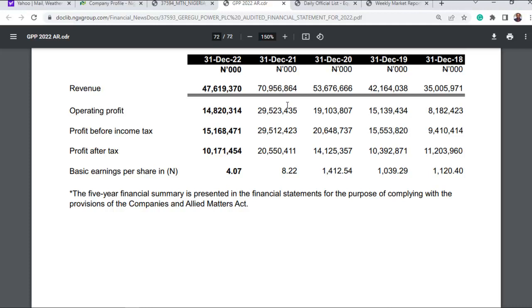Even going to the retained earnings to pay dividend: a company that has an earning per share of 4 naira 7 kobo and is declaring a dividend of 8 naira is going to draw down on its retained earnings, and retained earnings is also on a decline.